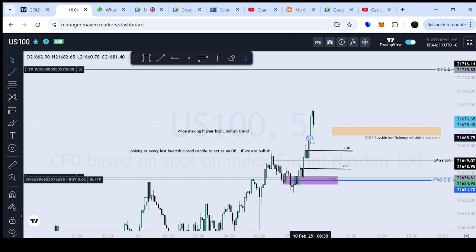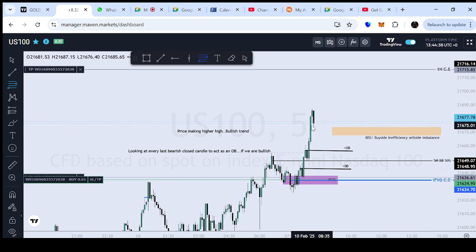There is a gap there. That's the inefficiency, fair value gap, BC. Buy side imbalance, sell side inefficiency, buy side inefficiency, sell side imbalance. To get the 50%, use your Fibonacci. The 50% will stand as a major support level.